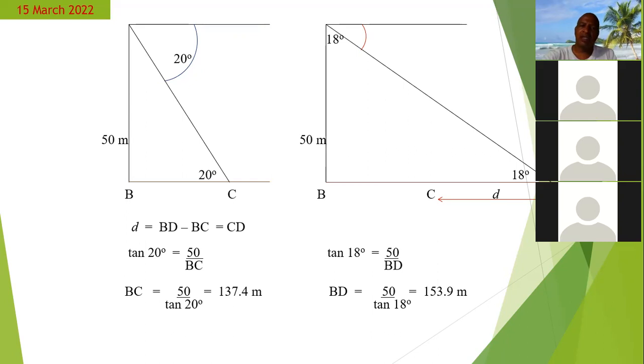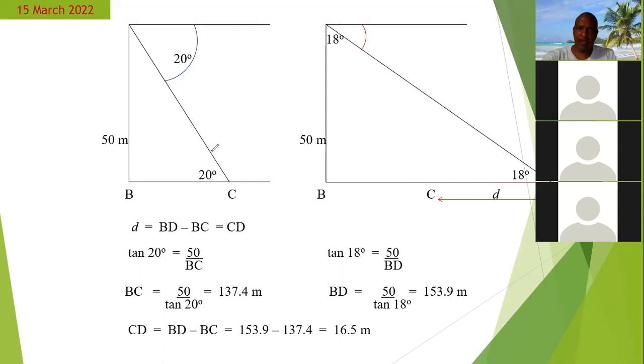And so now to get the length D, we would subtract 137.4 from 153.9. Is everybody following how we're getting that so far?